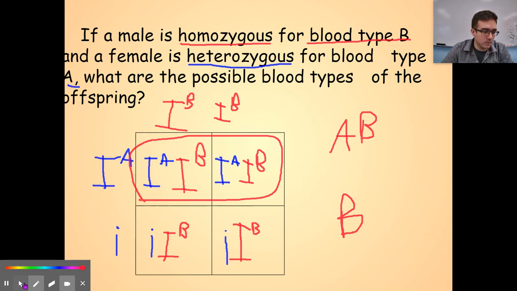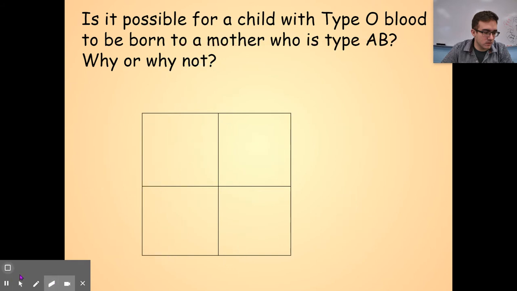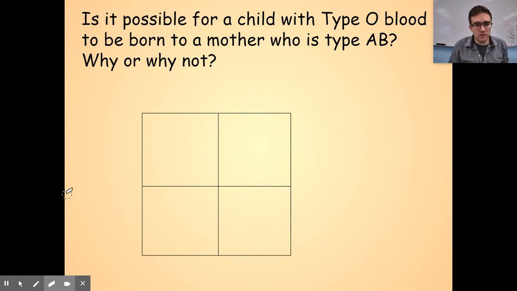Let me just clear this. Our next one says, is it possible for a child with type O blood to be born to a mother who is type AB blood? Why or why not? So here's the thing.